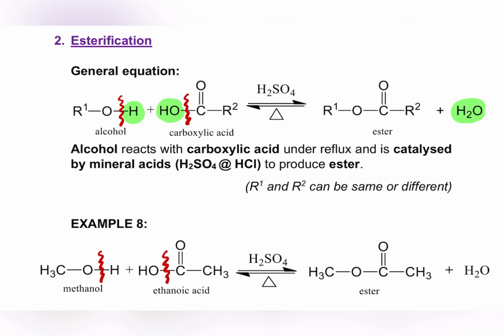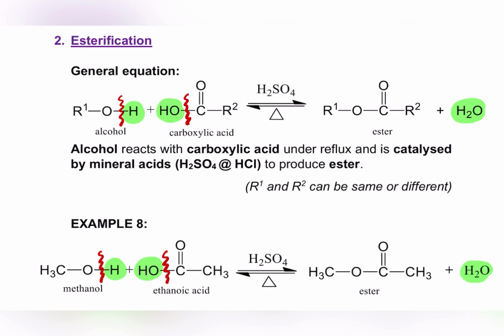So I'm going to combine everything under mineral acid and reflux. I will form my ester, which is the combination of this part and this part, and my water is from H of methanol and OH of ethanoic acid. So that is the general one.